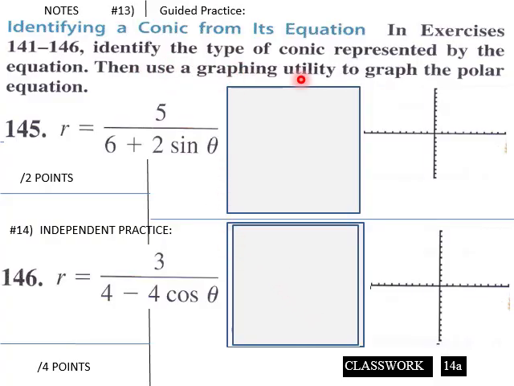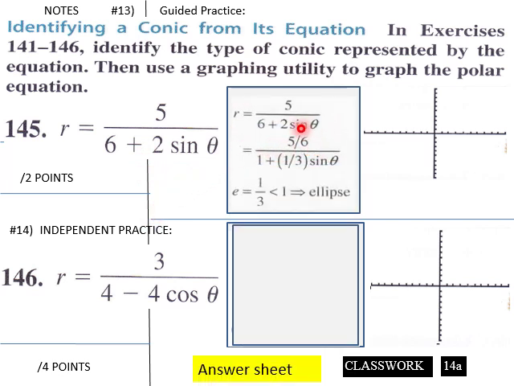So identify the type of conic represented by the equation. So here's our equation. Then use a graphing calculator to graph the polar equation. So for r equals 5 over 6 plus 2 sine theta, we can tell just by looking at it, when we solve to get our denominator in standard form, we have to divide through by 6, and we end up with this form here, which E is 1/3, which is less than 1.